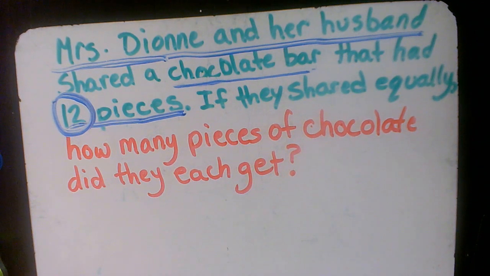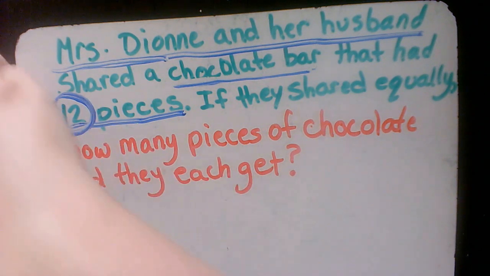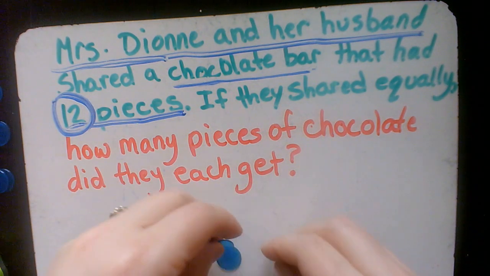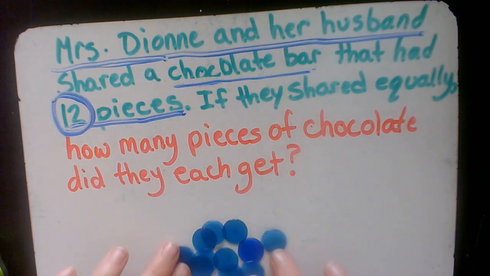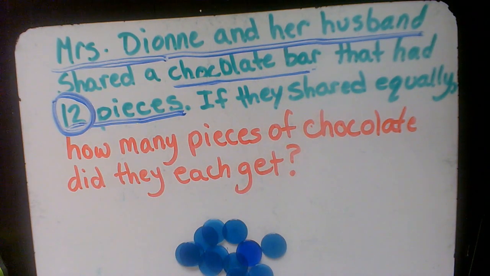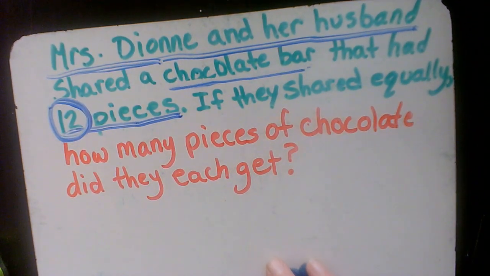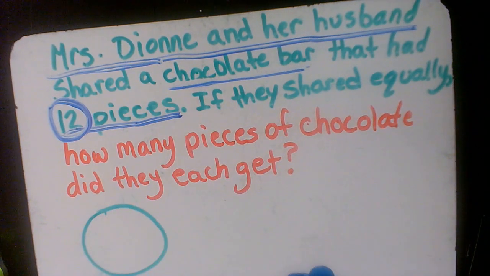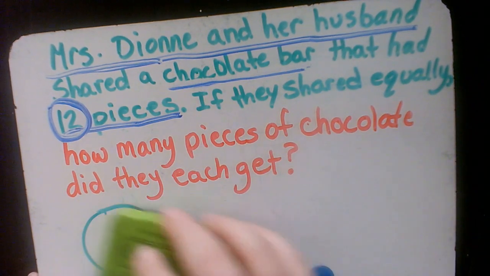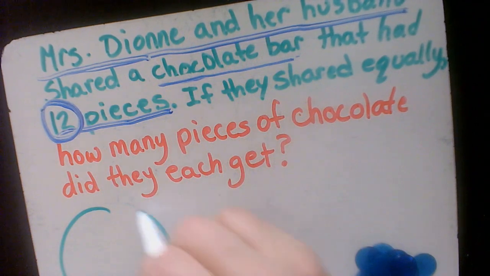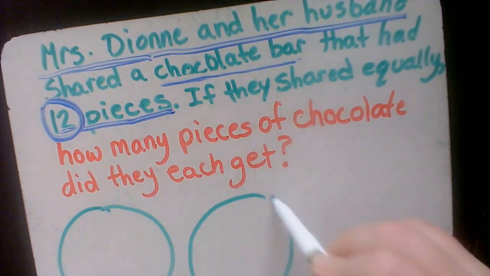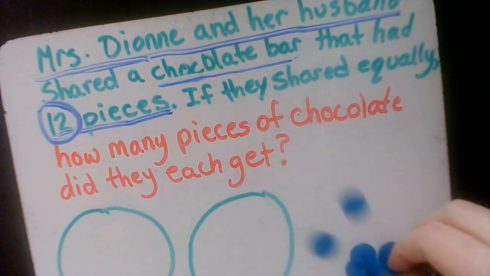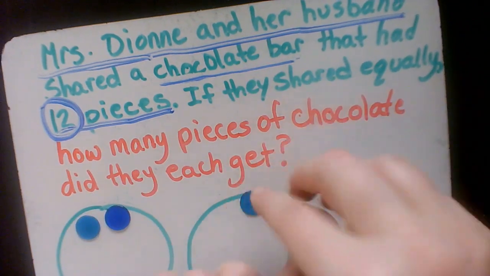Your question asks you to use counters to model the problem. So I'm going to use these 12 counters here, and model how we shared them. To do that, I'm going to draw two groups. Actually, I'll probably need to make those bigger. I'll share them the way we did, by 2 each.